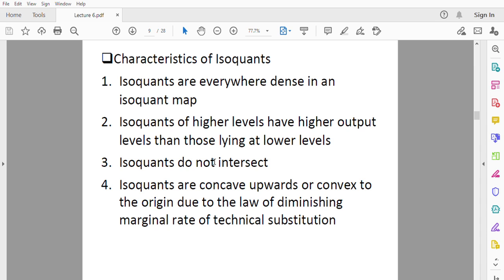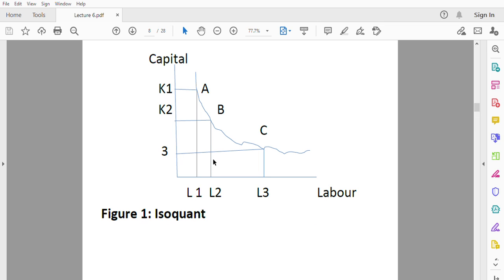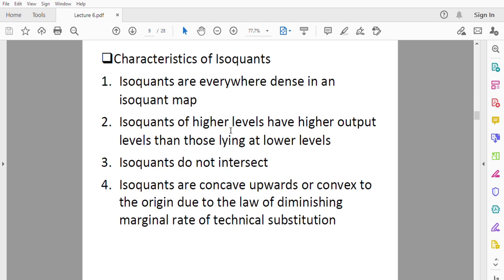And the second is that isoquants of higher levels have higher output levels than those lying at lower levels. So if I should draw another isoquant here and it is higher than this, it means that it represents a higher level of output than what we have here. That is also another very important characteristic of an isoquant.